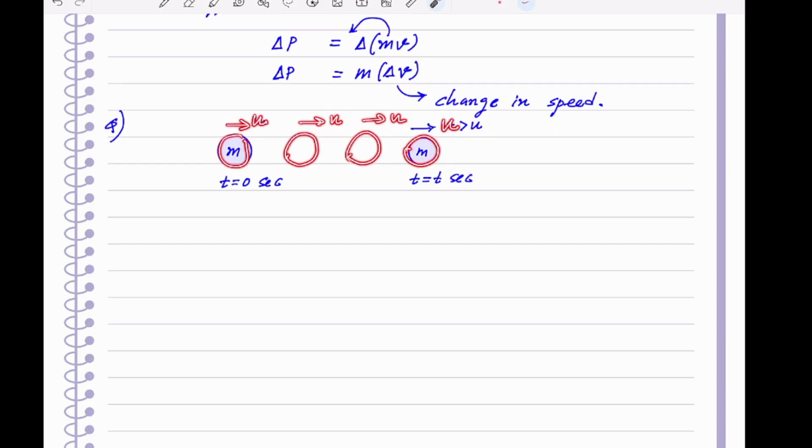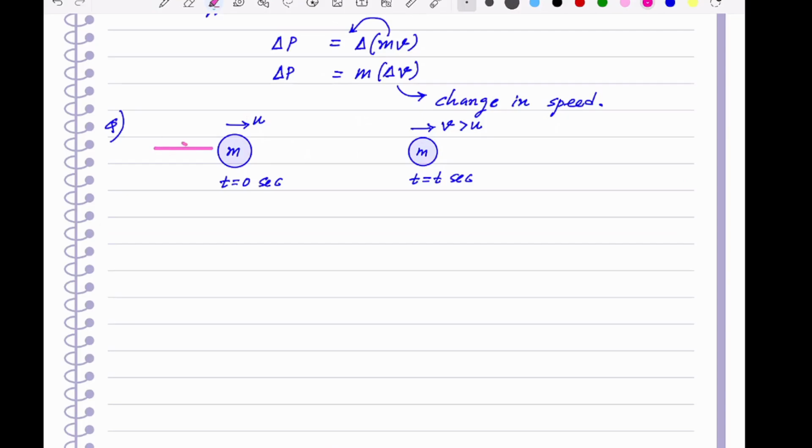If there is no external force. However, in this case, we have a speed v which is greater than u. So this value is greater than this value. So that tells you that there should be an external force acting on it.